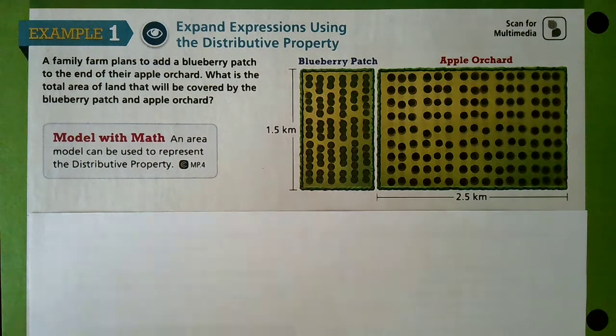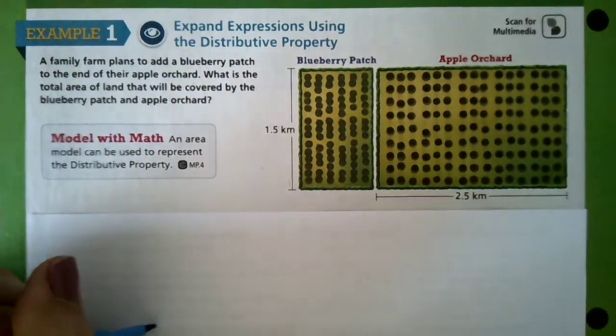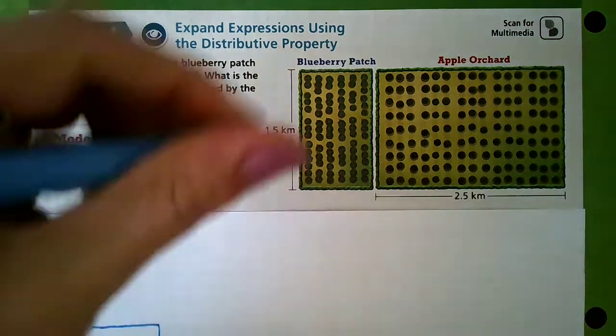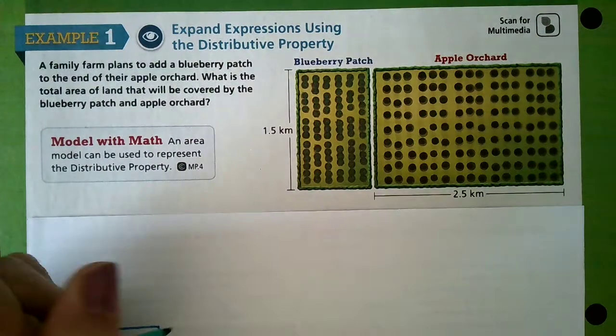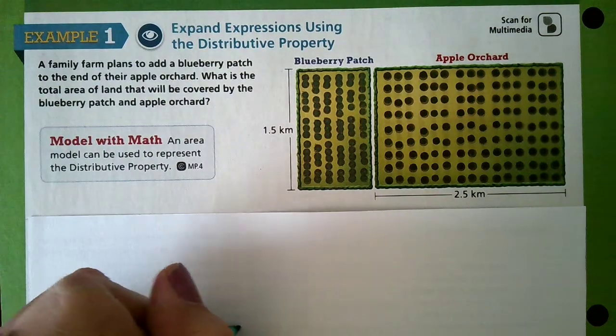Okay, so let's see. We'll do a blue for the blueberry patch. This isn't going to be quite the same shape as what they have here, but we still get the same idea. Okay, and then we have the apple orchard.